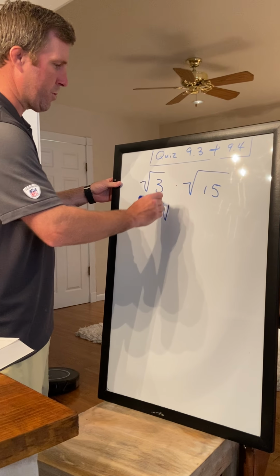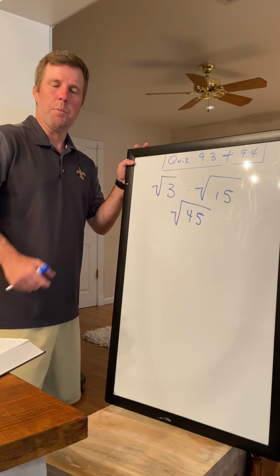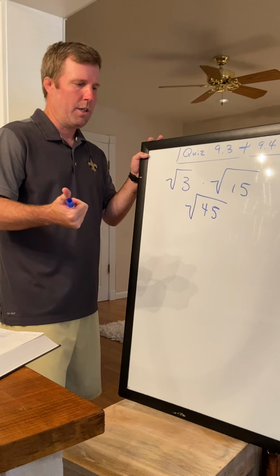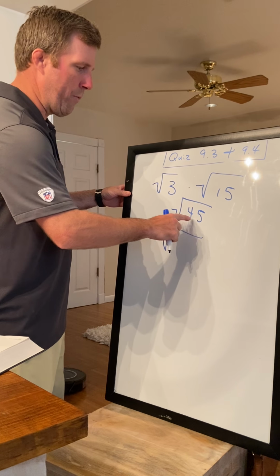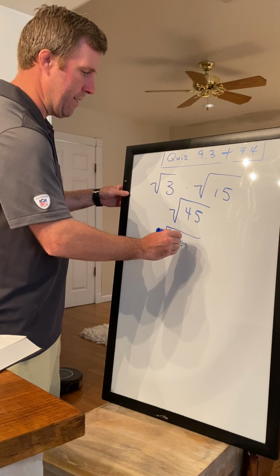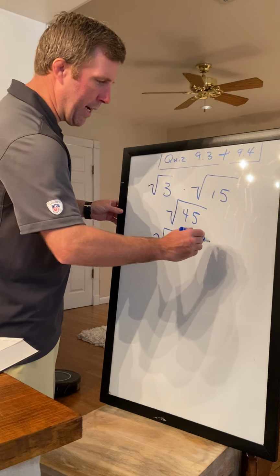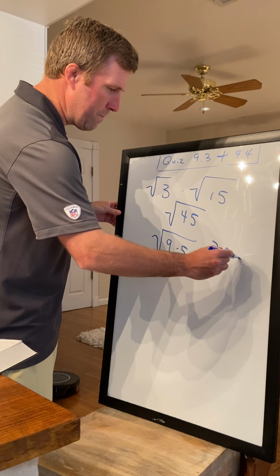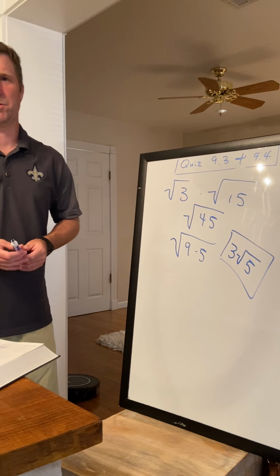So this becomes the square root of 45. But I can't box that as my answer because this can be reduced. I know a perfect square that goes into it, it's 9. So now I take the square root of 9, which is 3, and bring it out front to get 3 times the square root of 5.